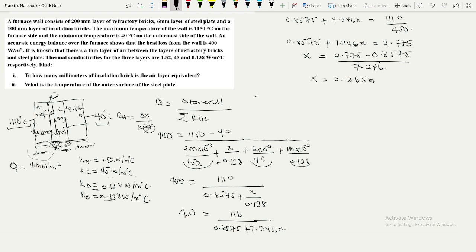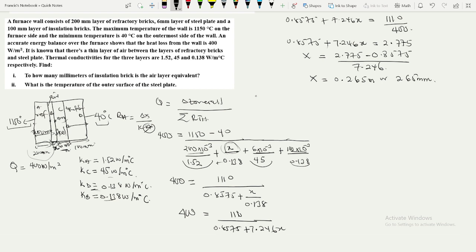Because you converted it here into meters, the moment you write x here, that means our x is supposed to be in meters, because when this isn't in meters, we can't even add them. So our x is 0.265 meters or 265 millimeters.